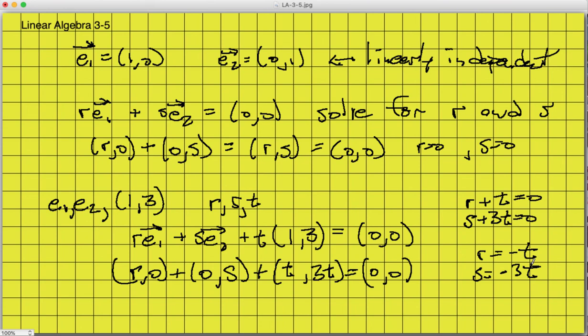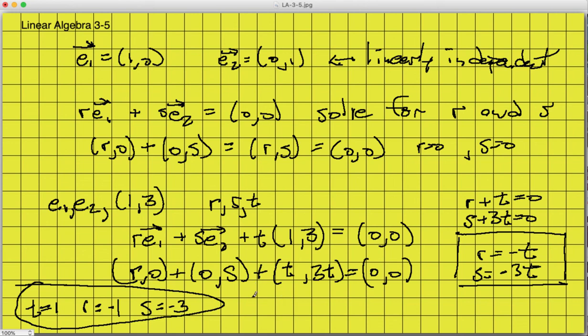Okay, so what does that mean? Well, if you think about it, there are in fact lots of solutions here. For example, if t is equal to 1, then r equals minus 1 and s is equal to minus 3. There's a solution. Suppose I were to let t equal 2.